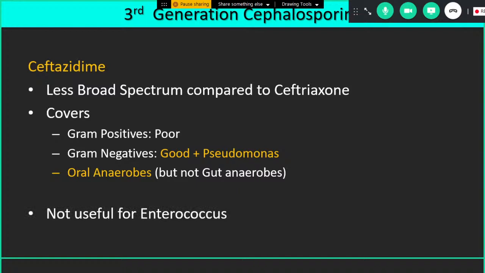It is usually given in combination with an aminoglycoside, which you will learn in future classes, and is perhaps the first line of therapy against Pseudomonas. I keep saying Pseudomonas because it is very difficult to treat. Not many drugs can actually have a spectrum against Pseudomonas. So having a third generation cephalosporin against Pseudomonas is a boon to all the doctors in emergency and inpatient departments.